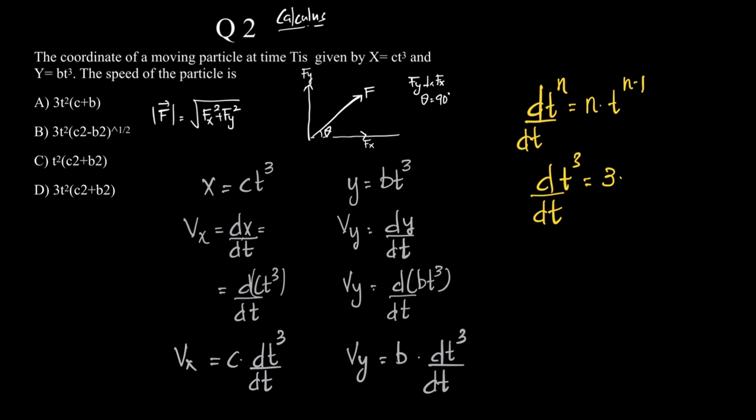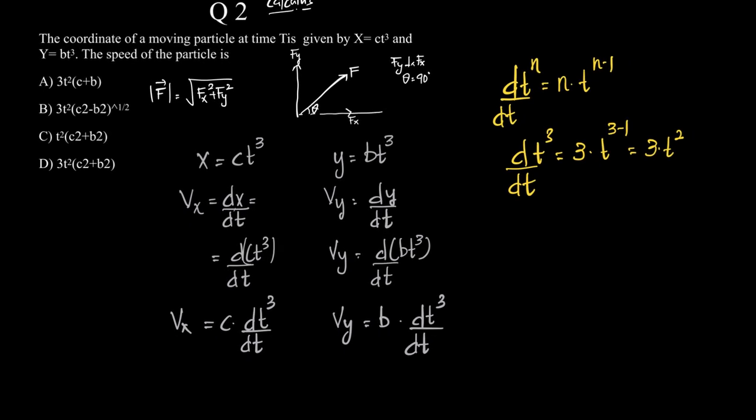It is 3 into t to the power 3 minus 1, which is basically equal to 3 into t square, right? So Vx is equal to c into 3t square and Vy is equal to b into 3t square. Alright.